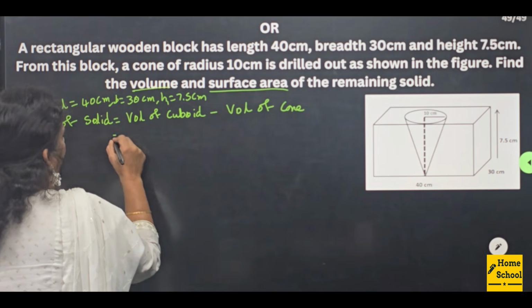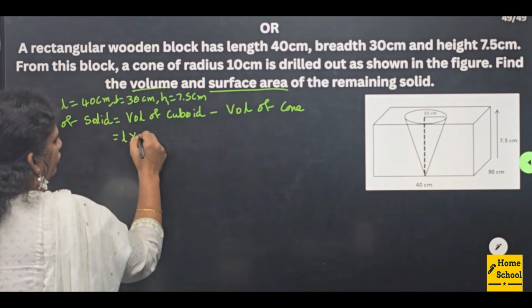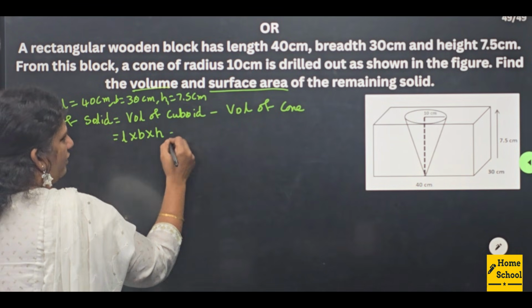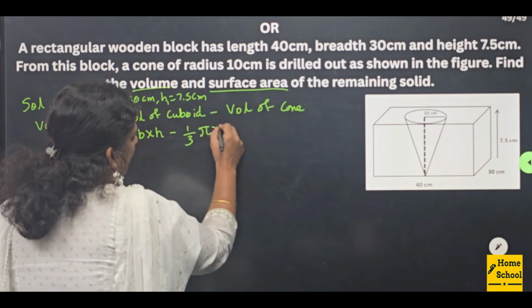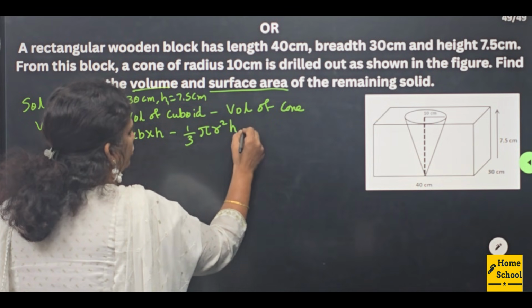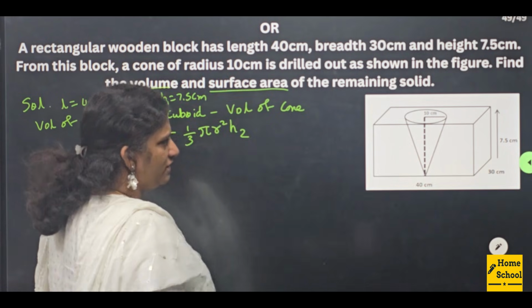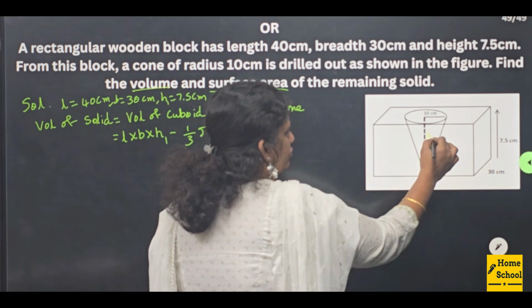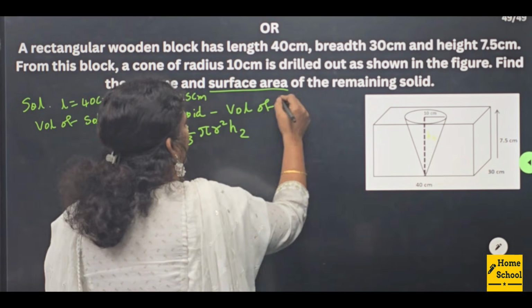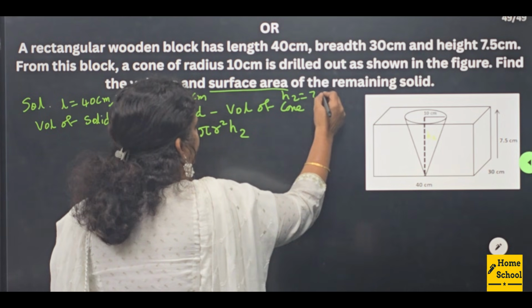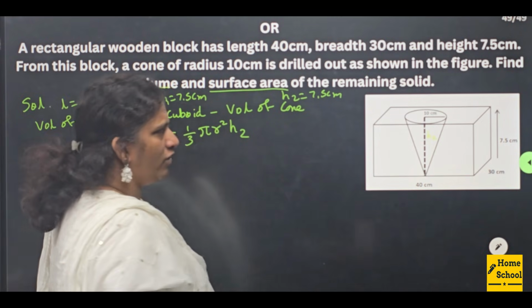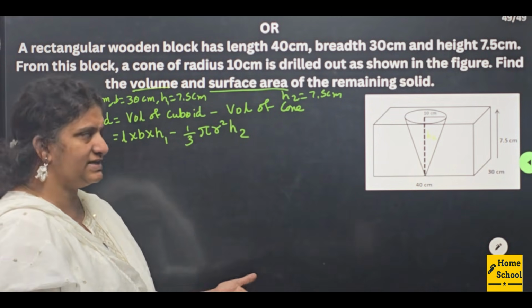Volume of a cuboid formula is length into breadth into height, minus volume of a cone, 1/3 πr²H2. Cuboid is H1 and this is H2. H2 is equal to the cuboid height, that is 7.5 centimeter. If you want, you can write H1, H2 both are the same height.